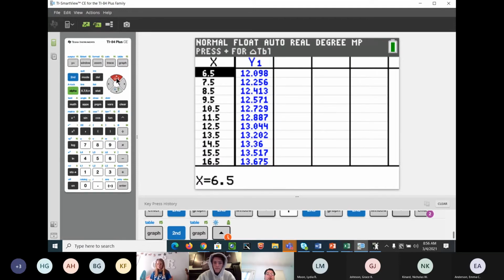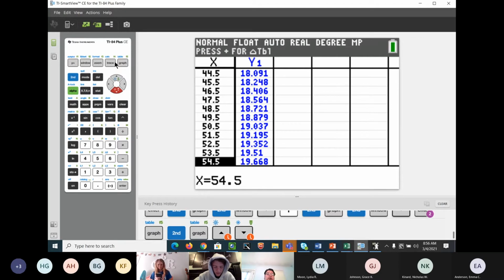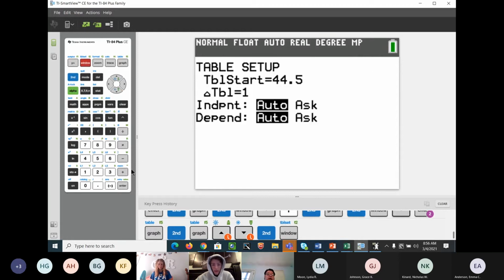All right, what were they wanting? 14 what? That's way up there. Hold on a second. Second table set. Start at 1,000. Enter. Second table.